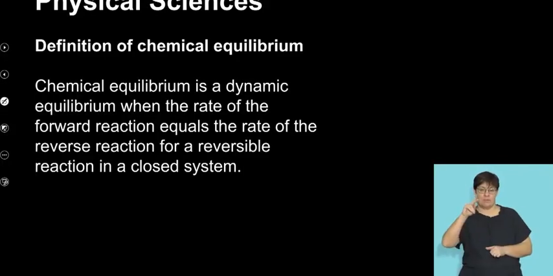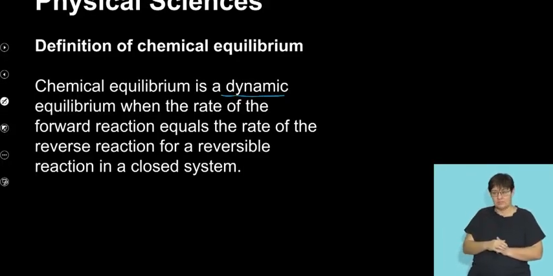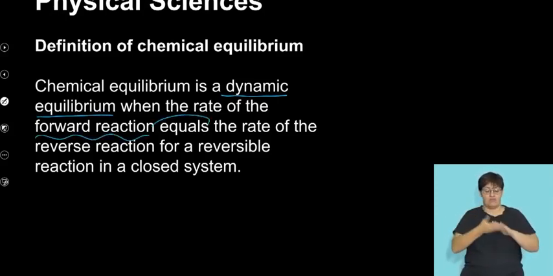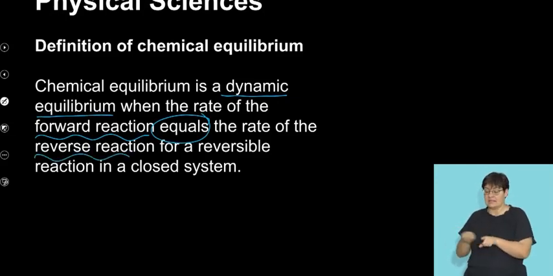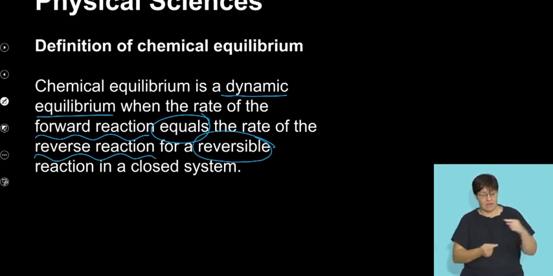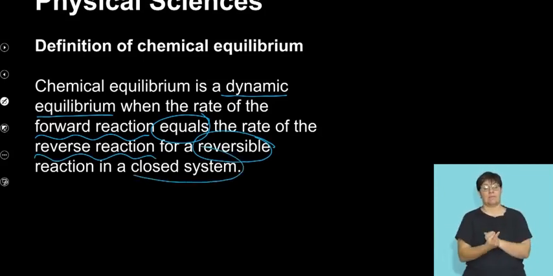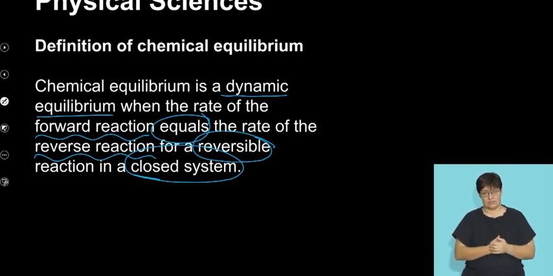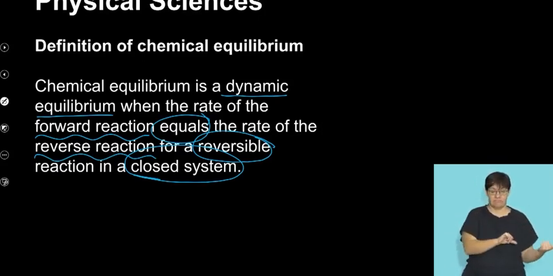Now, chemical equilibrium is a type of dynamic equilibrium when the rate of the forward reaction equals the rate of the reverse reaction. It must happen in a reversible reaction, and it will only happen in a closed system. So the rate of the forward reaction must be equal to the rate of the reverse reaction.